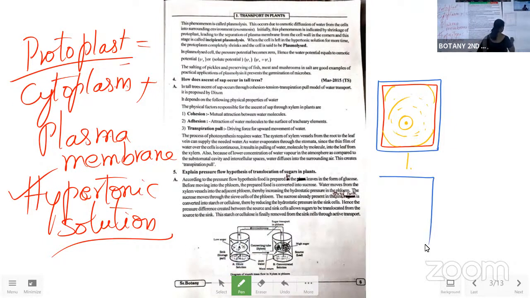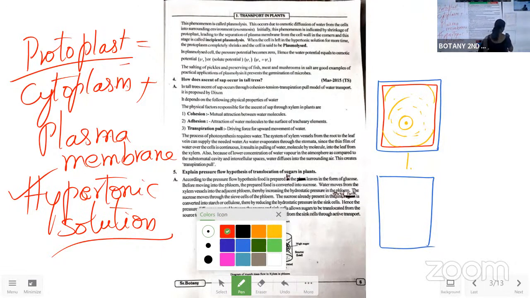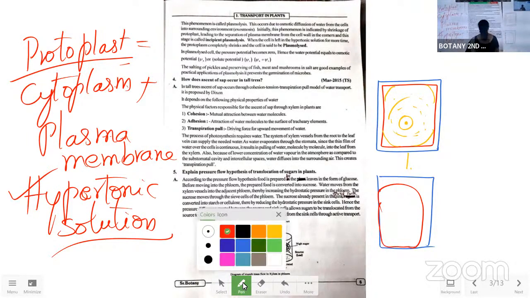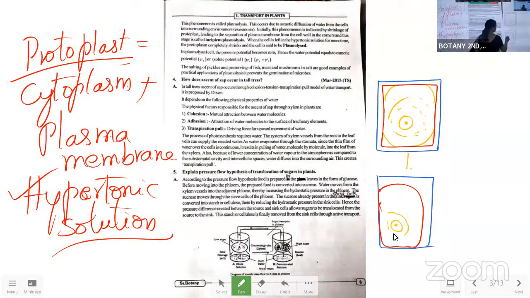Or else you can draw this one like this also. This is a cell and plasma membrane starts shrinking like this. And inside this, it is having a nucleus and very dense cytoplasm now.